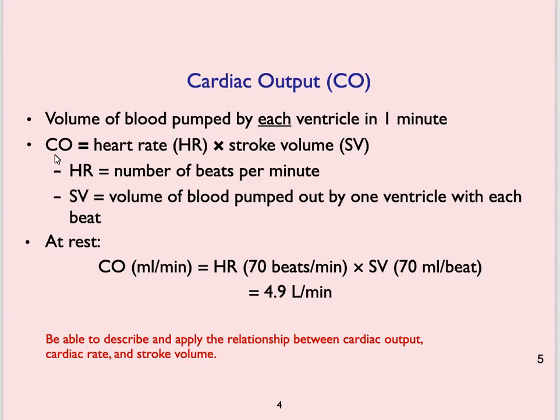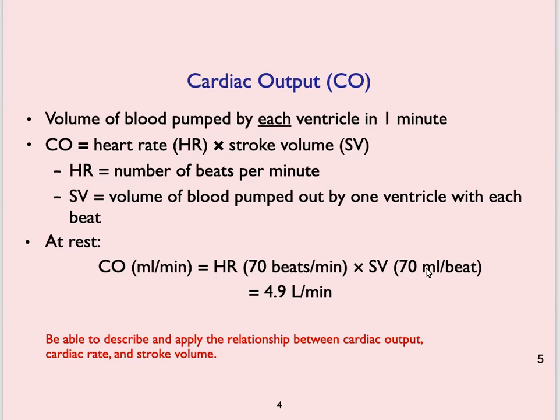Now, cardiac output is influenced by heart rate and stroke volume. And you can work out the units: heart rate is measured in beats per minute, and stroke volume is volume per beat. It should make intuitive sense when you multiply the two.